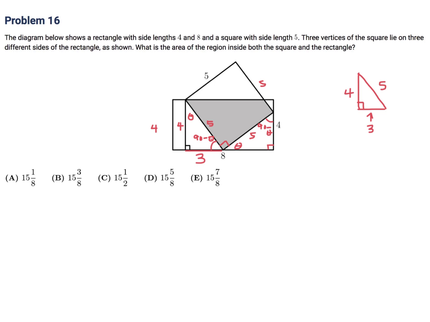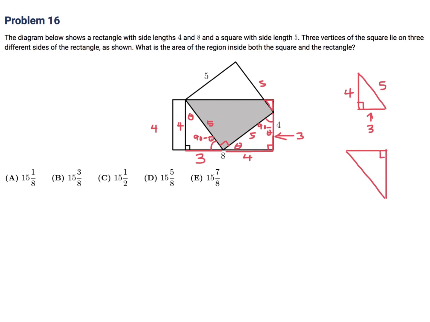Okay, I got it. So this side here is going to be 4, and this side here is going to be 3. This whole thing is 4, but that part is 3. Now, I just have to figure out this tiny guy here. The tiny one I'll draw over here. I'll blow it up a little bit.